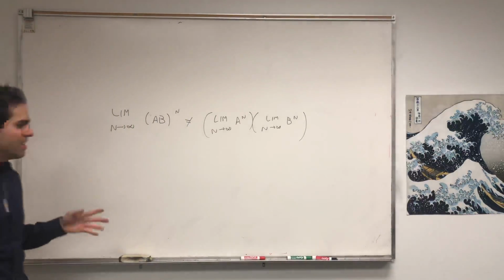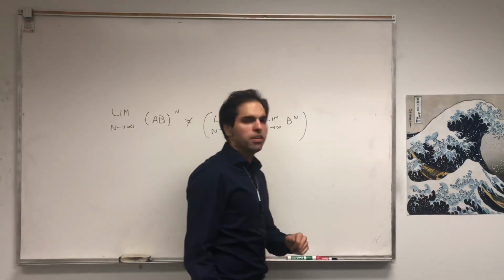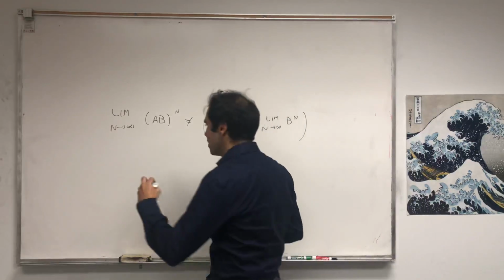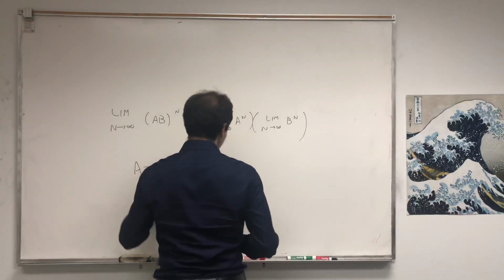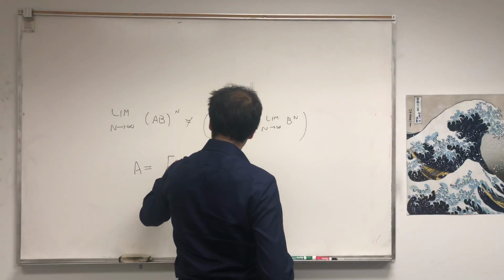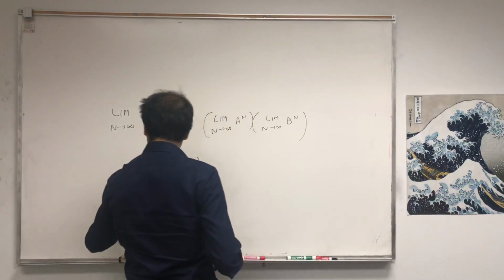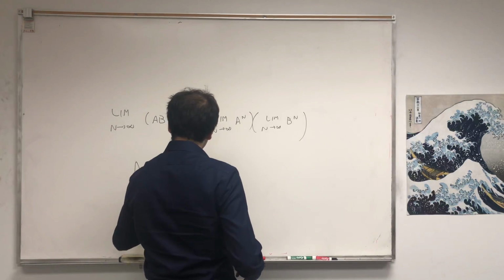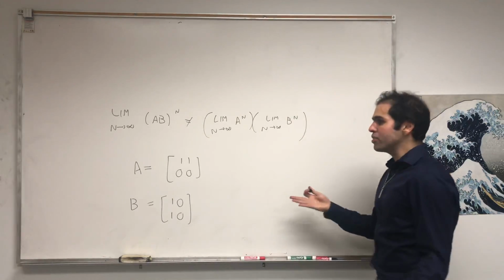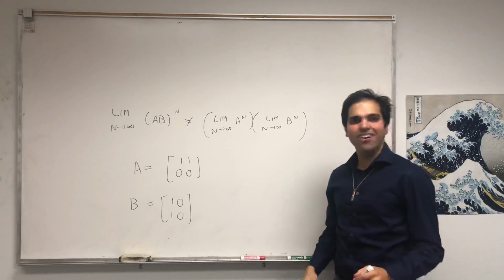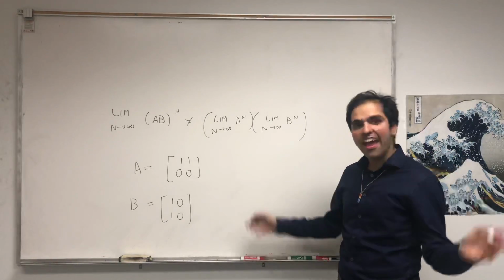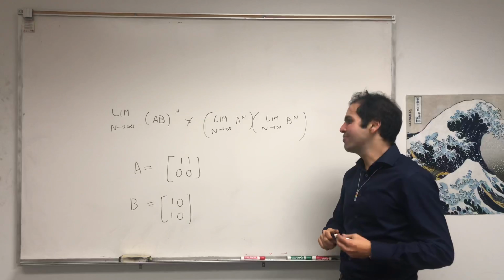Okay, and here's a very nice example. It gives you a little bit of an ugly result, but I can modify this at the end if you want. Take A to be the following matrix, 1, 1, 0, 0, and B to be the matrix 1, 0, 1, 0. And here's the cool thing. Usually to calculate powers of matrices, you have to diagonalize A and use PDP inverse.